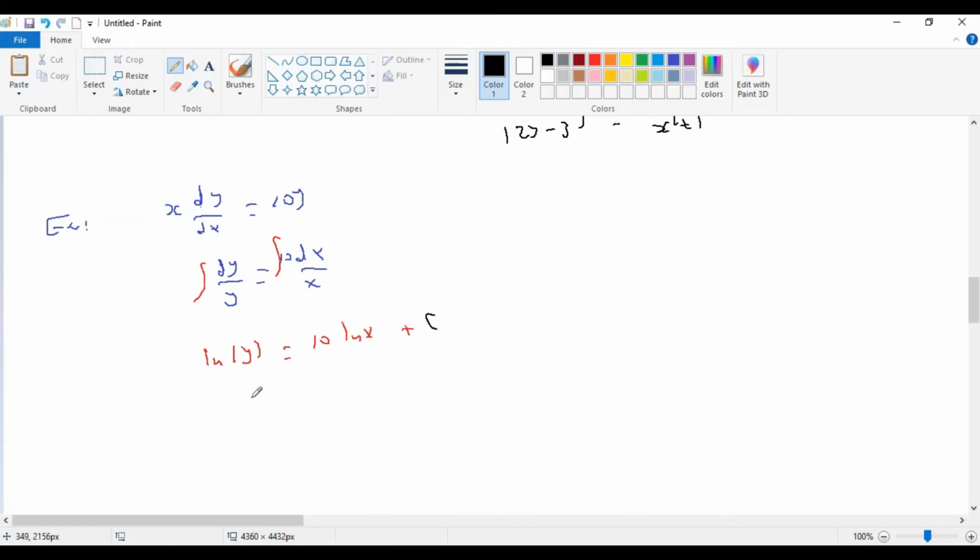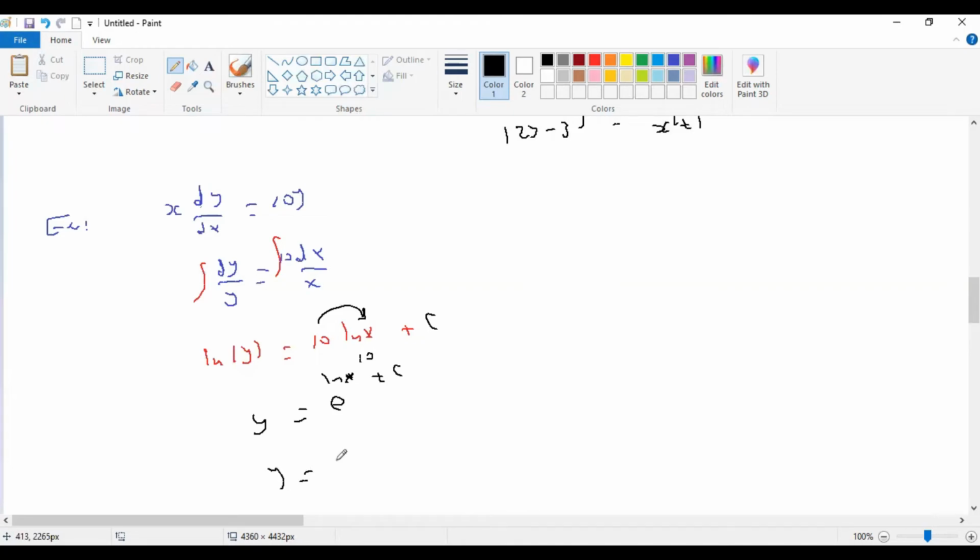Then what about the y? I can write y as e to the power of what? I can write the 10 as a power, so it would be ln x to the power 10, plus c.